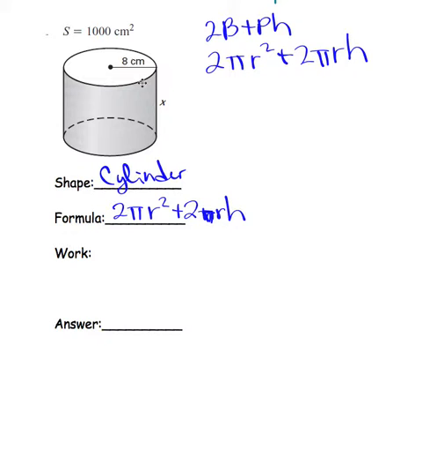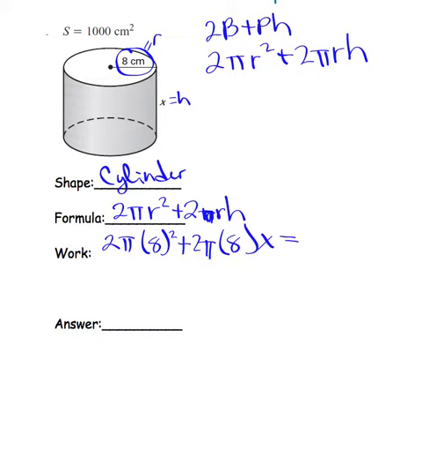So, all right, we've got the radius given to us. 8 is r, and then the height is x. So we're going to fill those into the formula. So 2 pi times 8 squared plus 2 pi times 8 times the height of unknown equals the given surface area, which they tell me is 1,000.